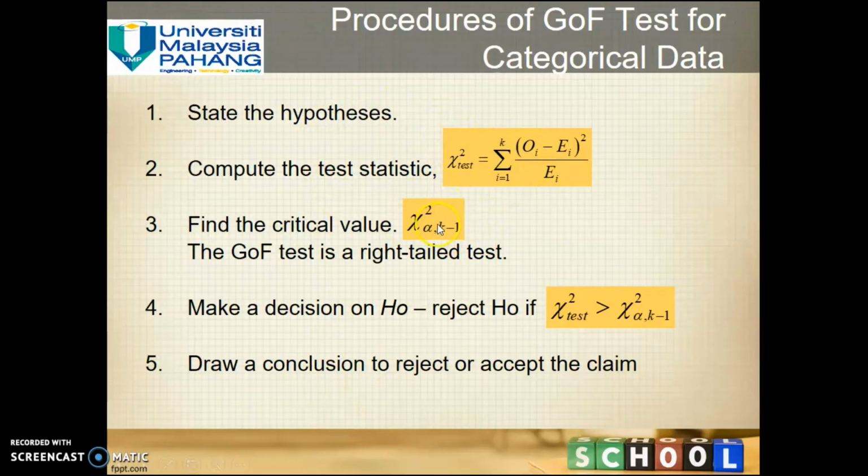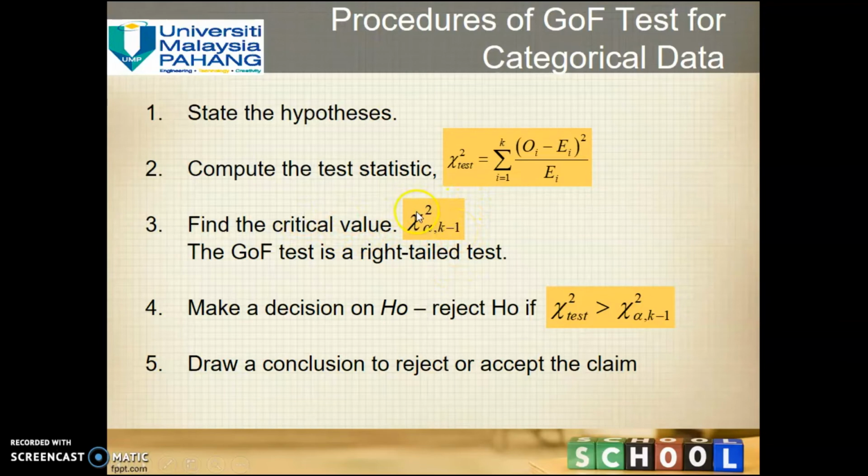It is also related to the chi-square being a positive distribution. So it will always be a right tail test, no matter what hypothesis you have here. So the critical value here is based on the right tail test.